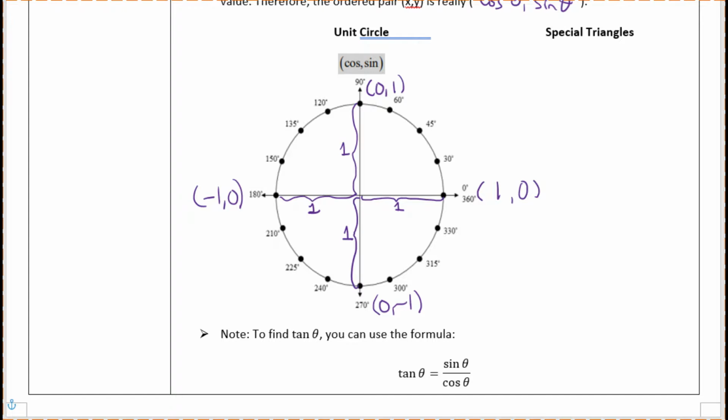So to find this 30-degree angle, I'm gonna show you. I'm gonna draw the angle in standard position for that, and notice that you can form a right triangle here, like that.